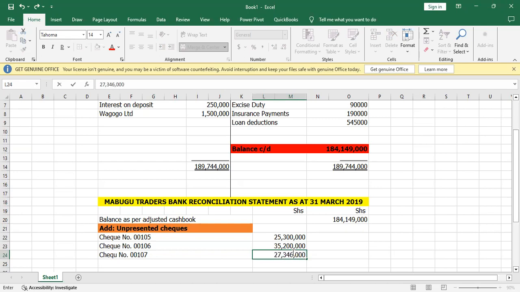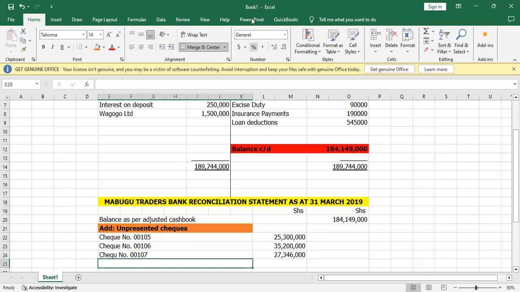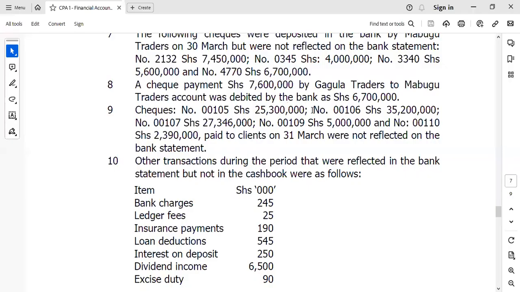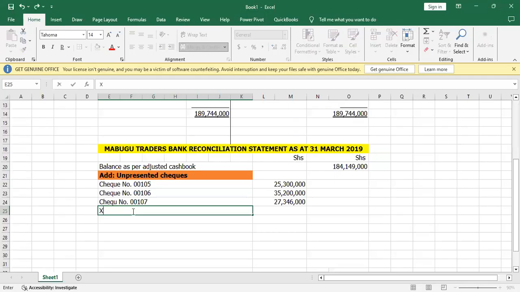Then you also have check number 00109. This is 5 millions. You have to list them one by one.